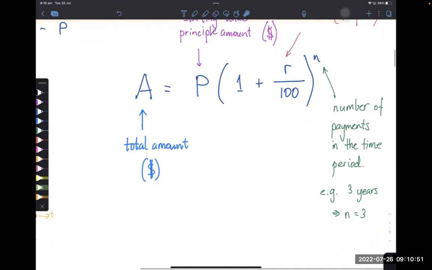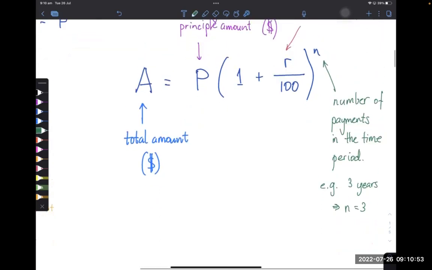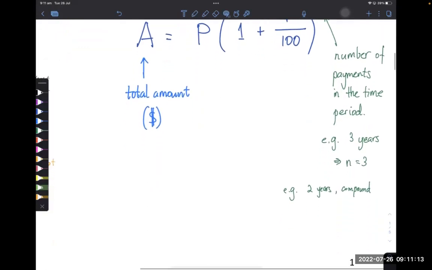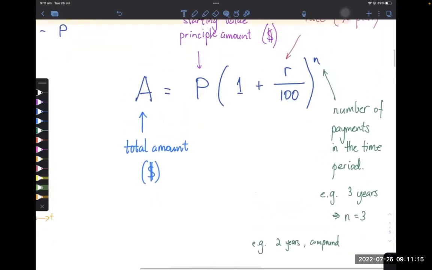But if I say, if N equals, well, let's say we have 2 years, but we compound monthly.